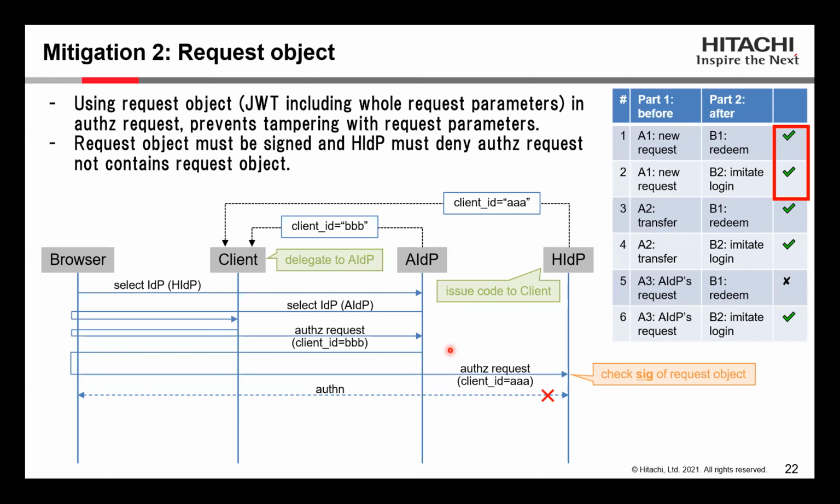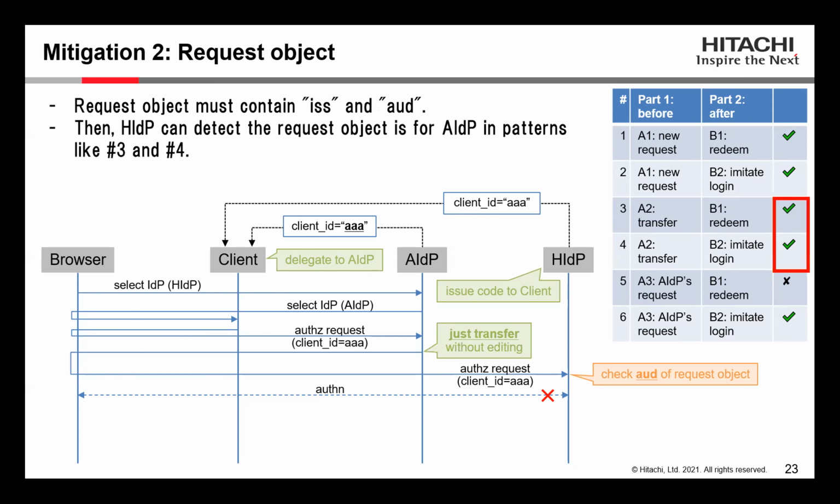Unless AIDP steals the client's secret key, AIDP cannot create the client's valid request object. So HIDP can detect the authorization request from AIDP is wrong when checking the signature. If the request object contains ISS claim and AUD claim, this is of course recommended by standards.